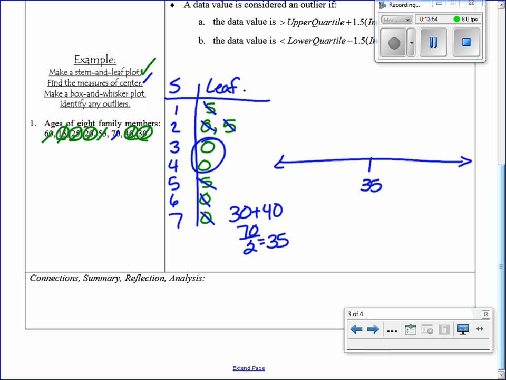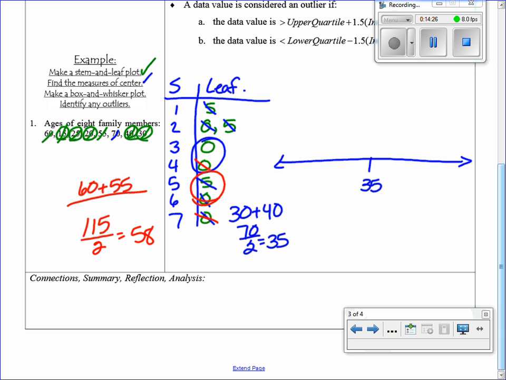So I'm going to start with 40 and count 40, 70, and I'm stuck between 60 and 55. 60 plus 55 is going to be 115 divided by 2. It's going to be 58.